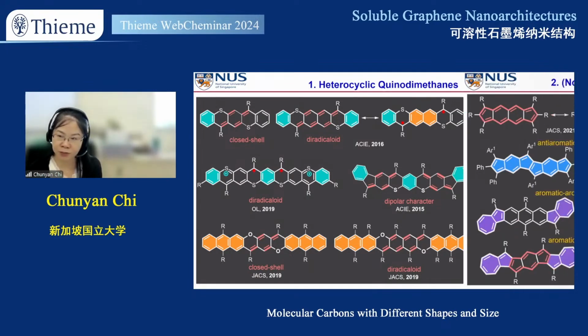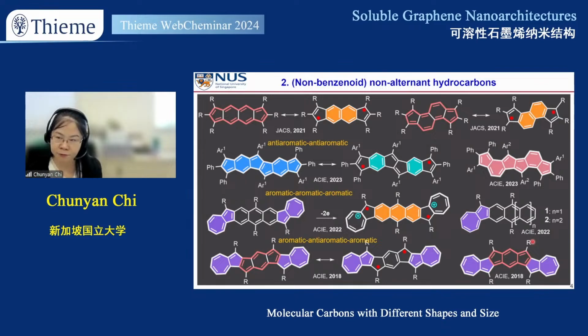Then go to the next type of structures, non-alternant hydrocarbons. That means these molecules include 5 and 7-membered rings. For example, these are expanded pentalenes, and these are fused and they include 2 anti-aromatic indacene moieties. And these are azulene fused acenes, which have aromatic azulene units and aromatic acene units.